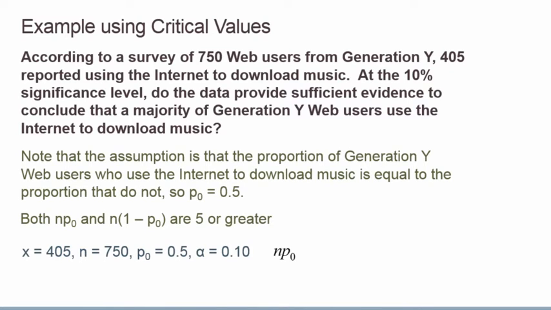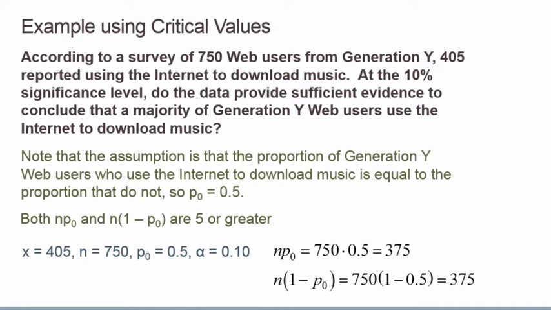Finding n times p sub 0, 750 times 0.5 is 375. Next, we want to find n times 1 minus p sub 0. So 750 times 1 minus 0.5 is also 375. Yes, both n p sub 0 and n times 1 minus p sub 0 are 5 or greater.